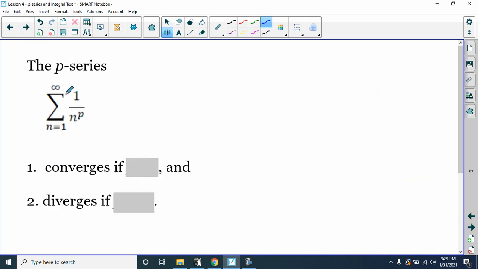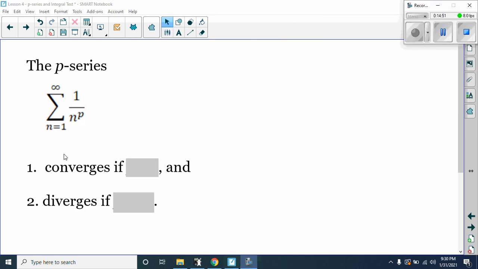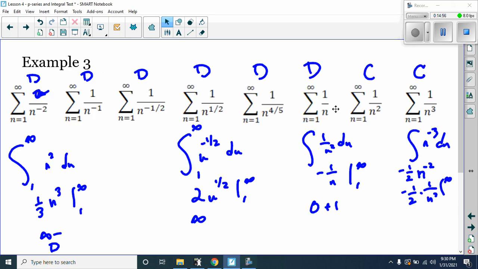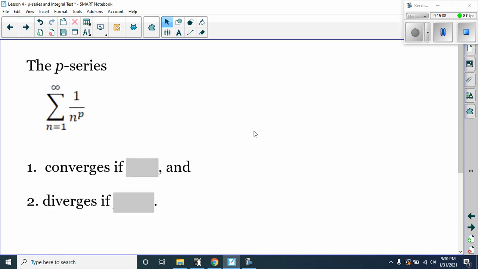This is called a p-series. The sum, as n starts at 1 and goes to infinity, of 1 over n to the p will converge. Notice any value bigger than 1 is going to make it converge. If I have n to the 1.01, if p is 1.01, it would look like this. 1 over n to the 1.01.